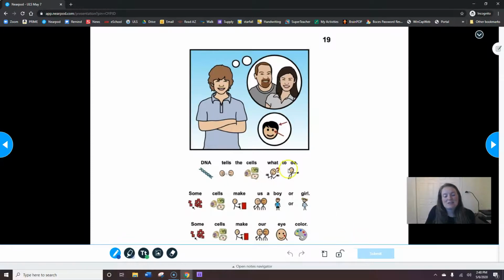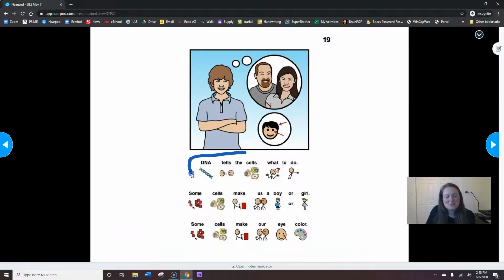DNA tells the cells what to do. Remember, we read last time that it gives the cells directions. Some cells make us a boy or girl. Some cells make your eye color. Okay. What does DNA do? My question is going to be, what does DNA do? DNA tells the cells what to do.